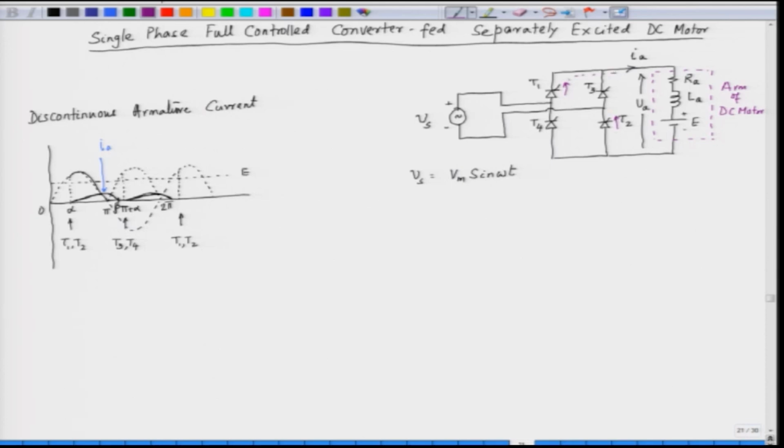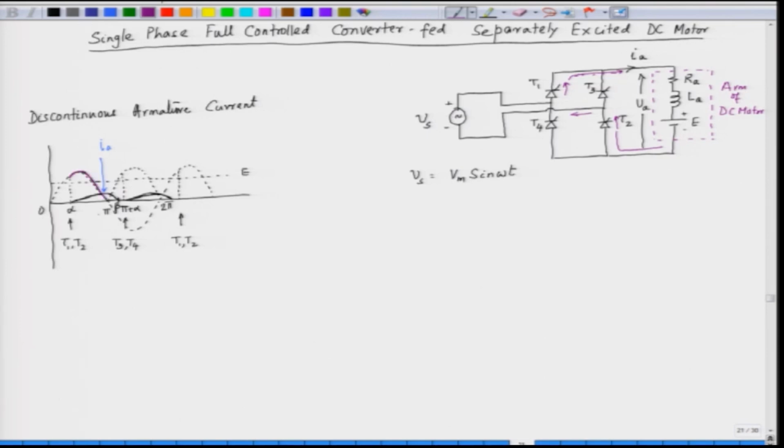This is the path of the current, and it will be returned back to the source. So, when we trigger T1 and T2, the output VA will become Vs, where Vs is the source voltage. This is the output here.